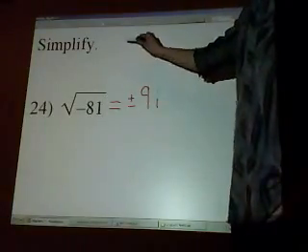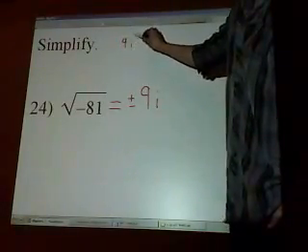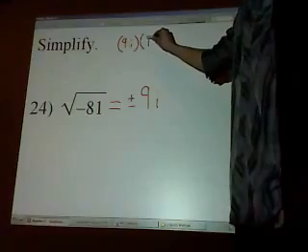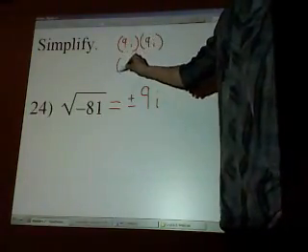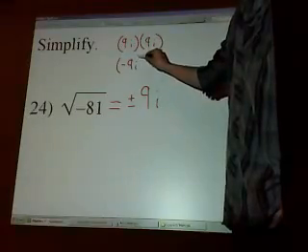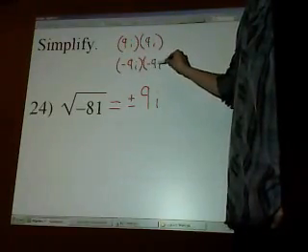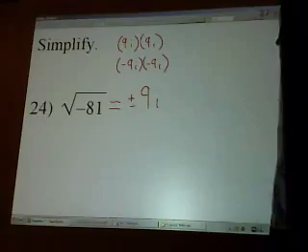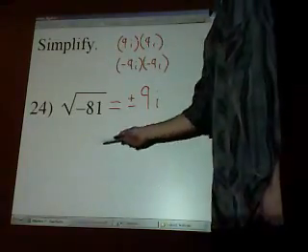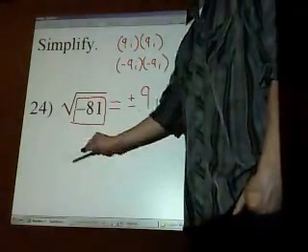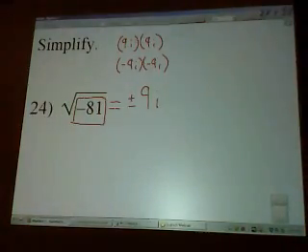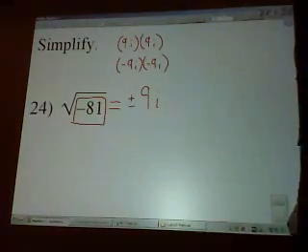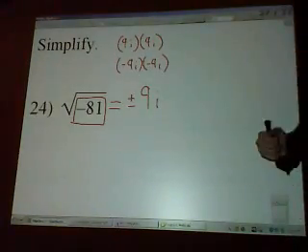Now, if you don't believe me that this is going to make negative 81, and you want to get a little extra practice with this, go ahead, multiply 9i times itself, and multiply negative 9i times negative 9i, and you're going to check to see if they equal negative 81. So multiply those out and try it if you want to verify for yourself that they are in fact square roots of negative 81.